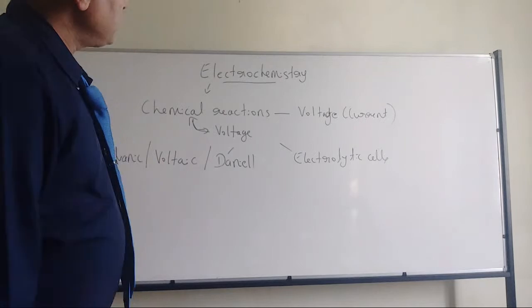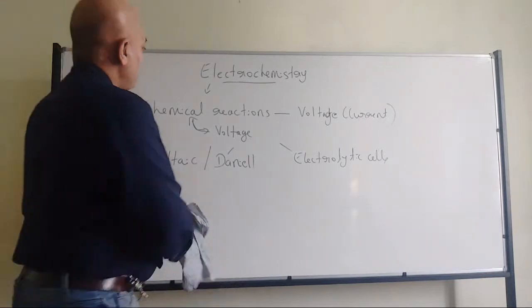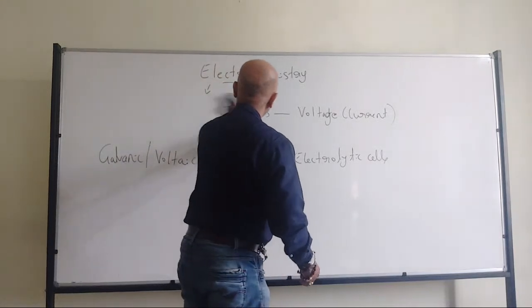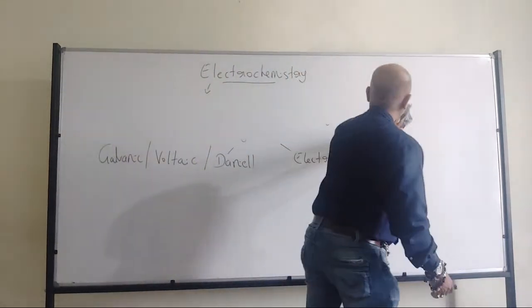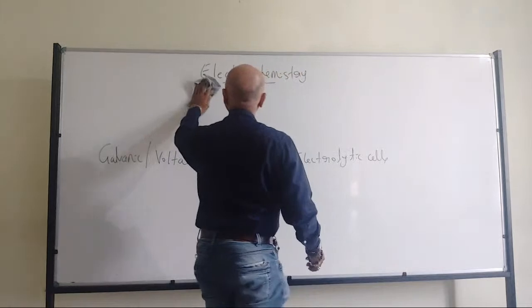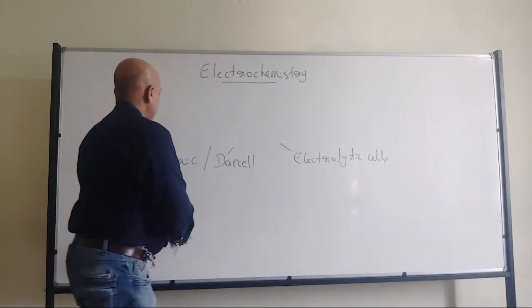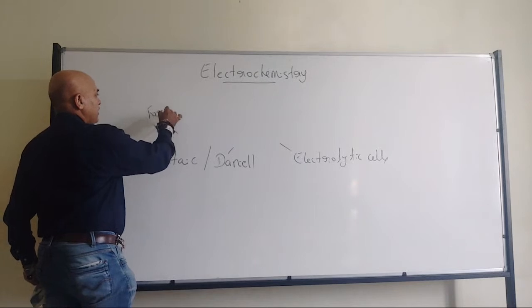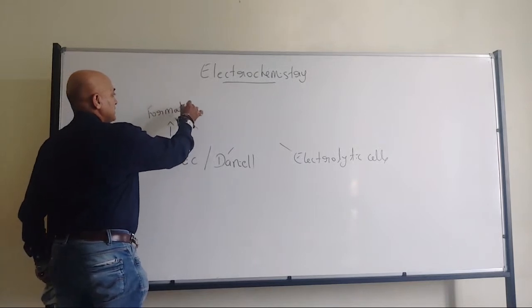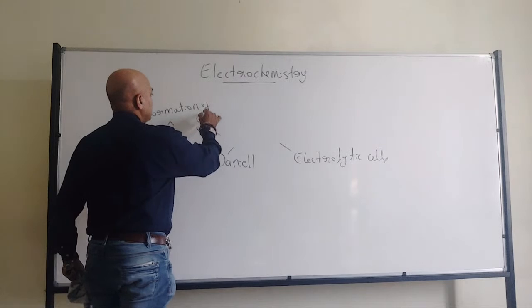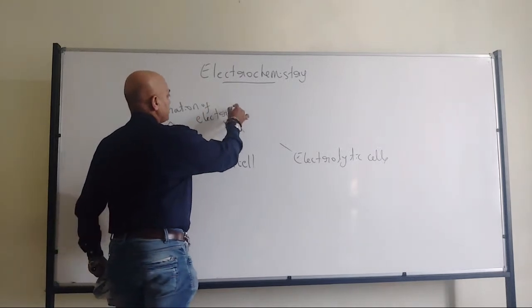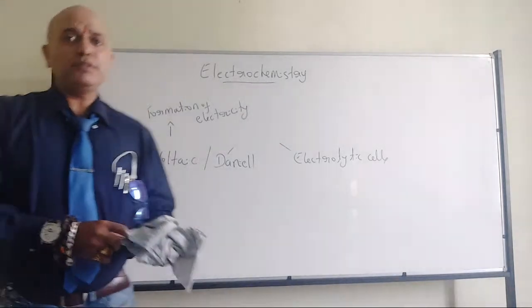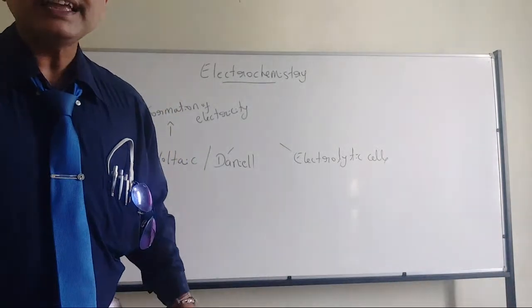They are related to generation of voltage due to the chemical reaction. So there will be a chemical reaction, and due to that there will be formation of electricity. Electricity in the sense voltage will be formed due to these reactions.